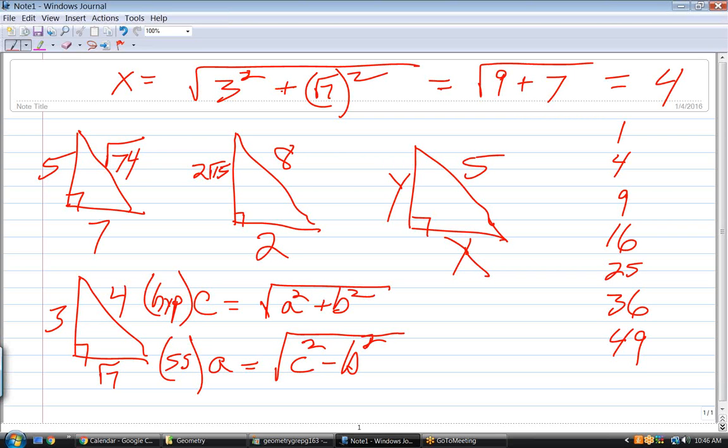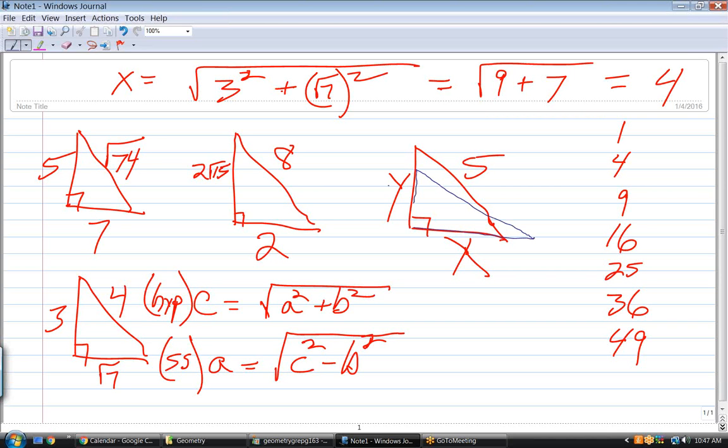The answer is no, you cannot. In other words, you might be inclined to say, well, x has to be 3 and y 4, or y has to be 3 and x 4. And there certainly might be some logic to that thinking, but examine how I might draw this thing. I could make my 5 go from there to there.